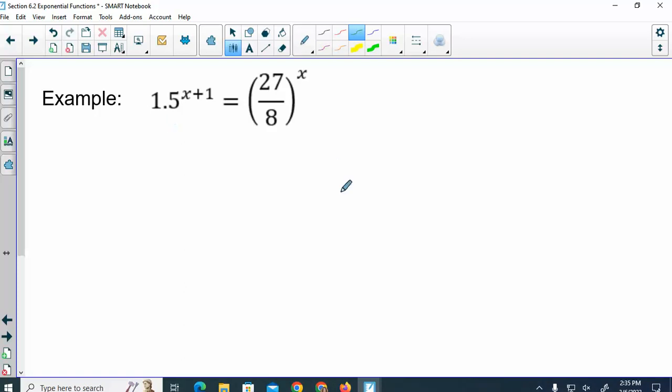So 1.5 is 3 halves as a fraction, and you're gonna take 27/8 and see how you can get down to 3 halves, which would be 1.5 to the 3rd power. So 1.5 is 3 over 2. So we need to try to write 27 over 8 as 3 over 2 to some power. 3 to what power equals 27? 3.